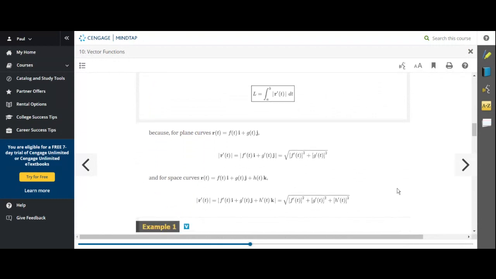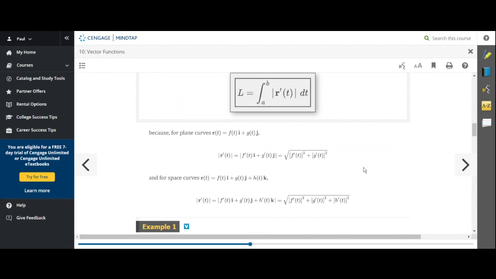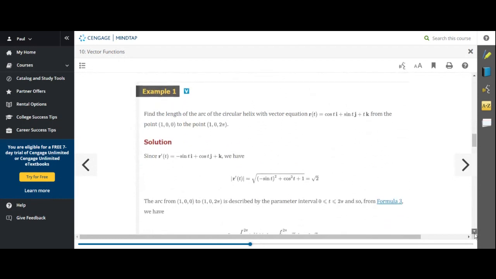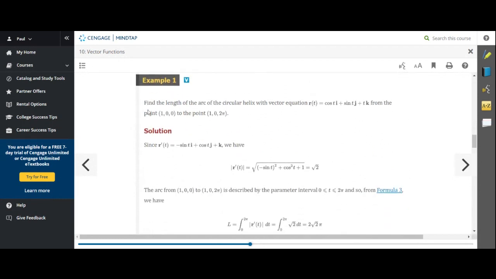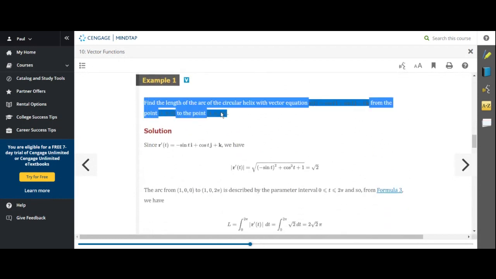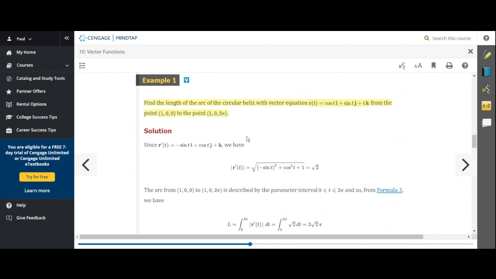Okay, and this is the standard definition for arc length. You've seen that before. So in example 1, they want you to find the length of an arc of a circular helix with this vector equation from the point 1, 0, 0 to the point 1, 0, 2 pi.